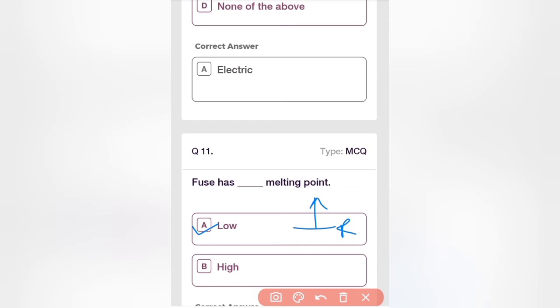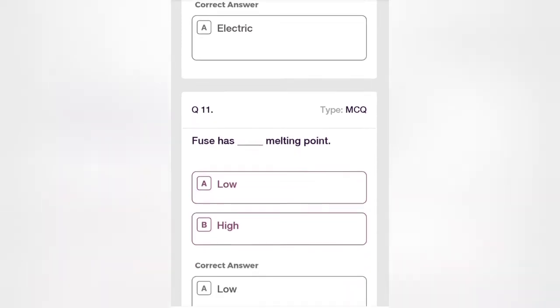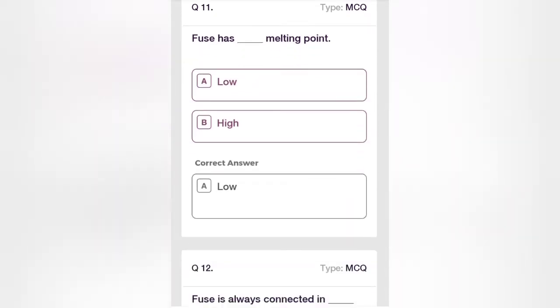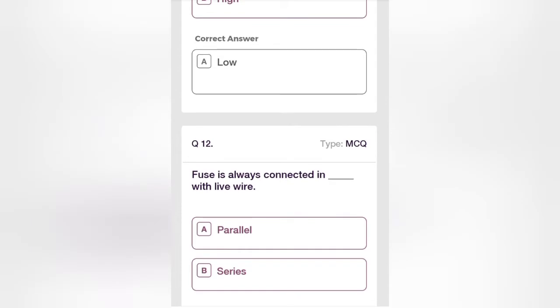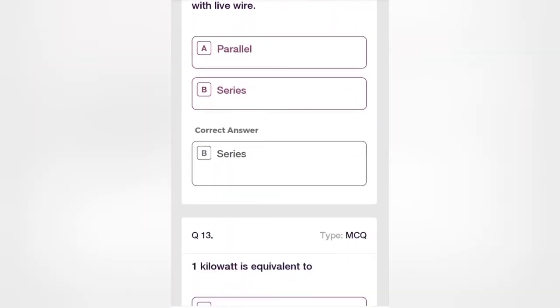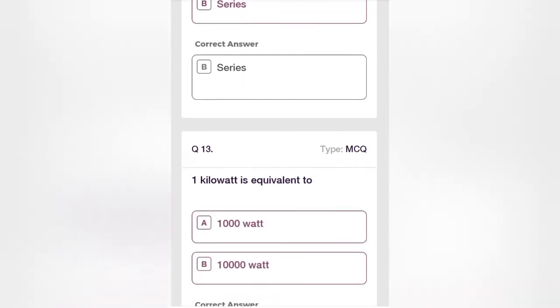So option A is the correct answer. Fuse is always connected in series with live wire. In the previous question we have seen, it is connected in series. Option B. 1 kilowatt is equal to, see, we know 1 kilowatt is equal to 1000 watt. Option E is the correct answer.